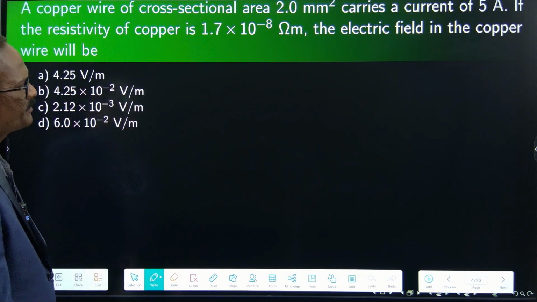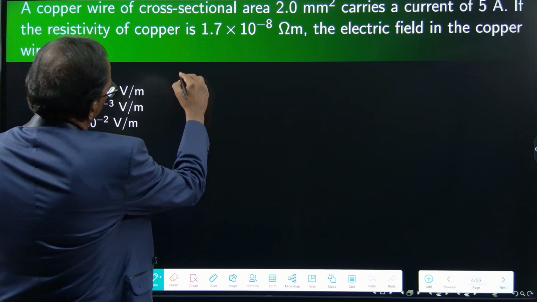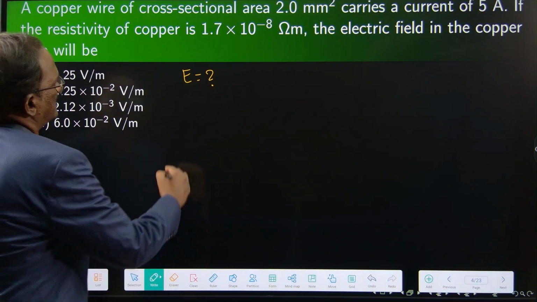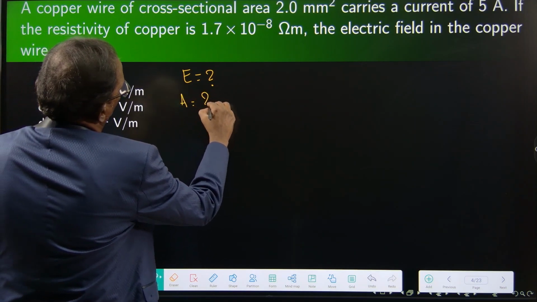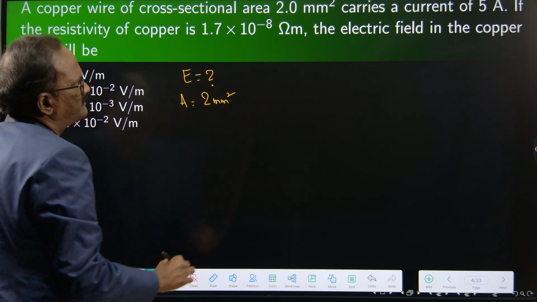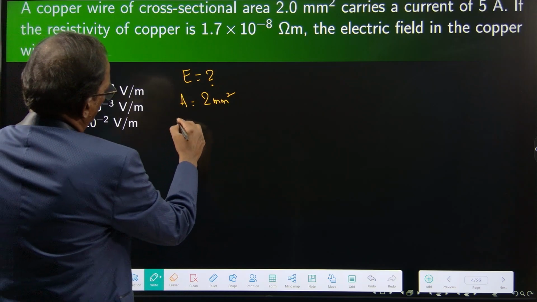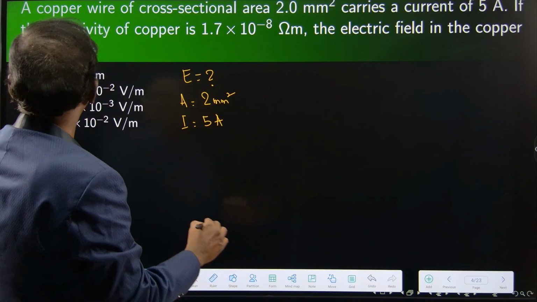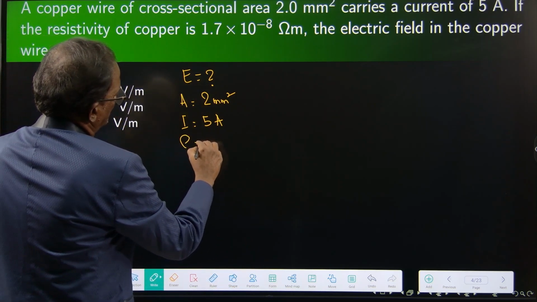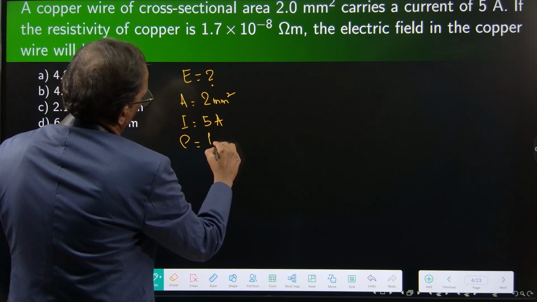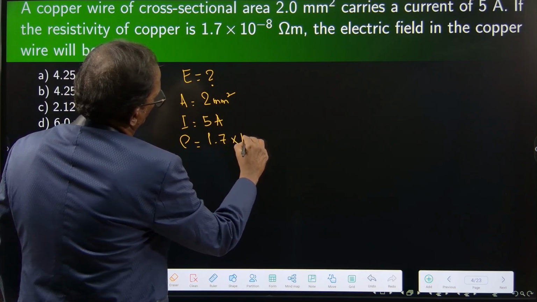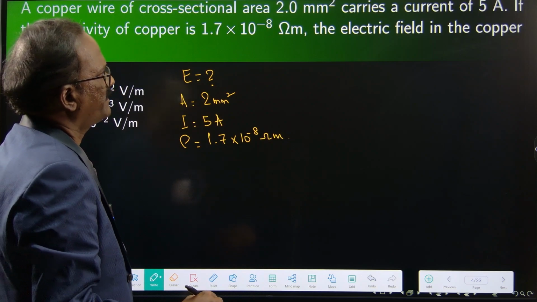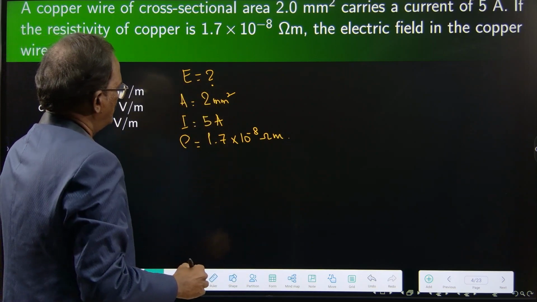The electric field E in the copper wire will be what?